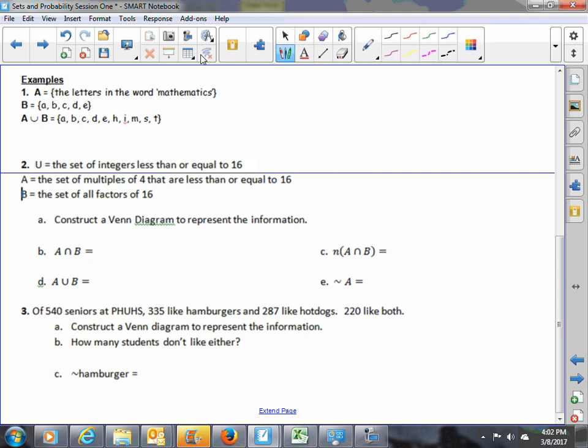Okay, so let's just put this universal set up here. The universal set this time is the 540 PHUHS students.